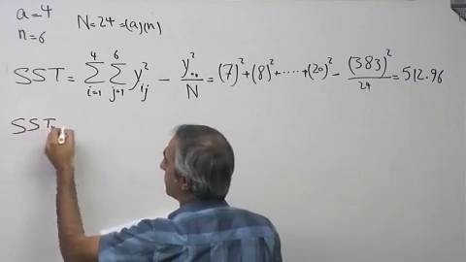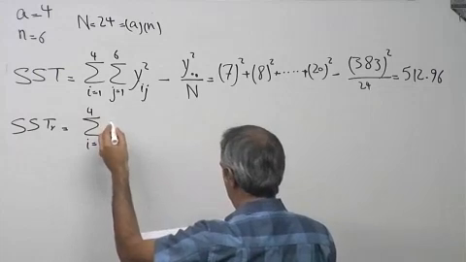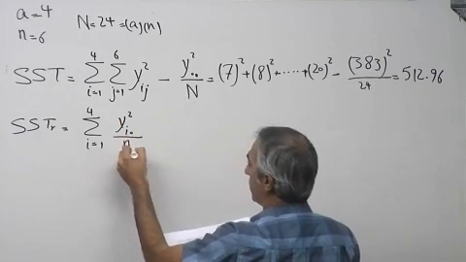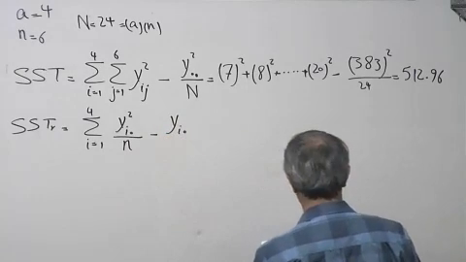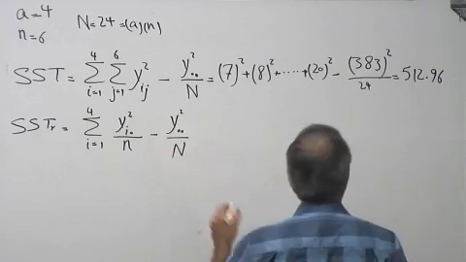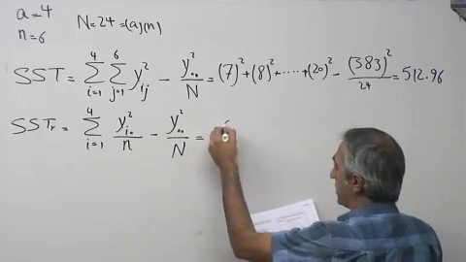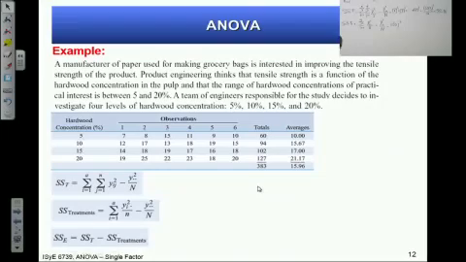How about SS of treatment? It's the summation over i from 1 to 4 of Yi dot squared divided by small n, minus Y dot dot squared divided by capital N. I'm using that equation over there. In this case, the Yi dot values are 60, 94, 102, 127.